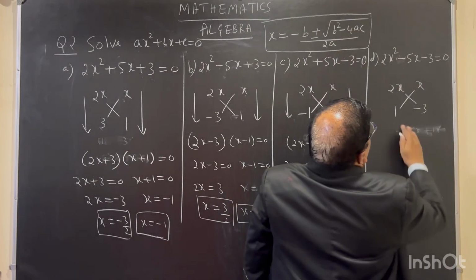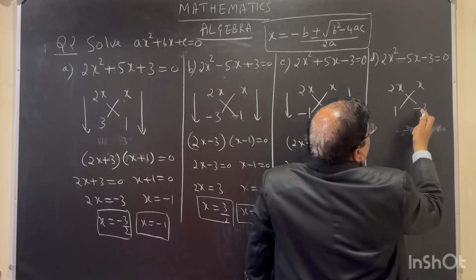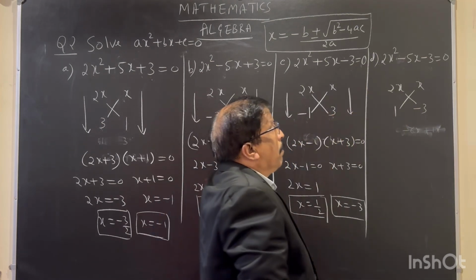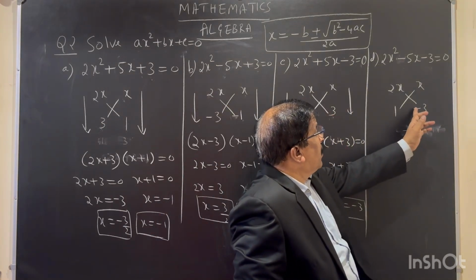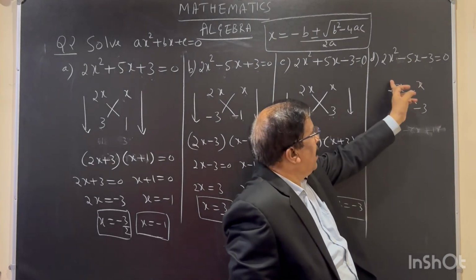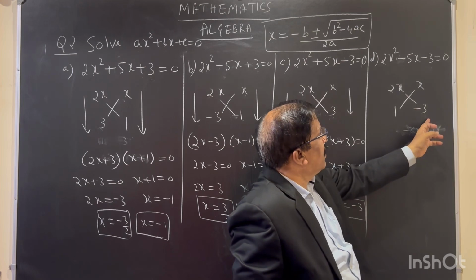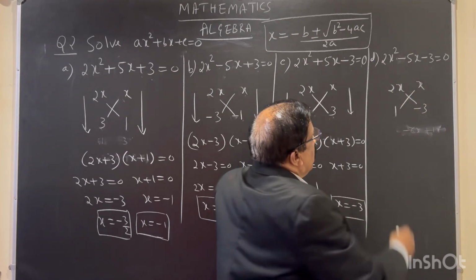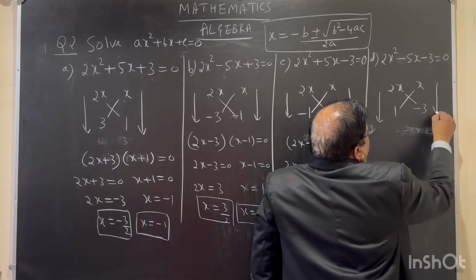So if this number is minus and this number is minus, you should write one plus, one minus, but I should take minus or plus depending on this number. See, this is minus 6x plus 1x, I get minus 5x, correct? But while writing, I should write like this.